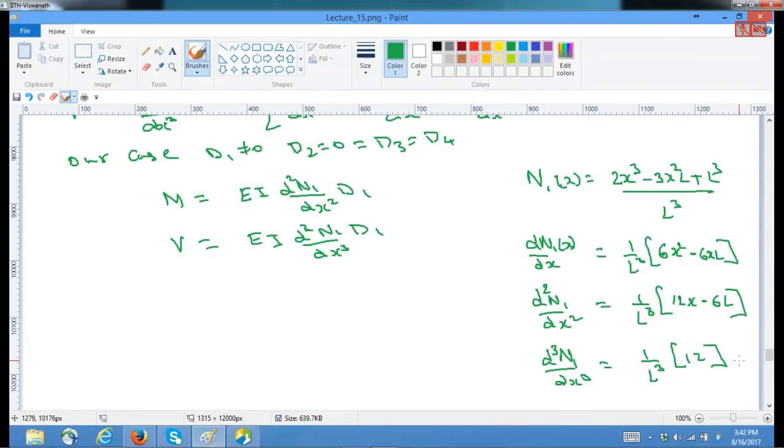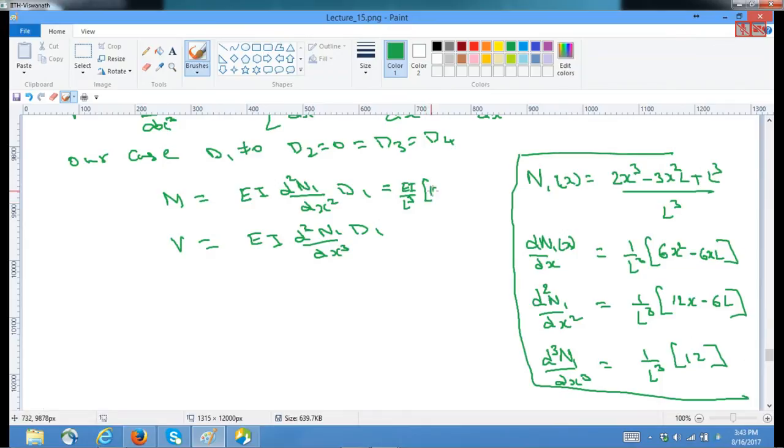Now we have all the ingredients that are required. So I can simply write this as EI by L cube times 12x minus 6L into D1, and this is EI by L cube into 12 D1. So this is my shear force.